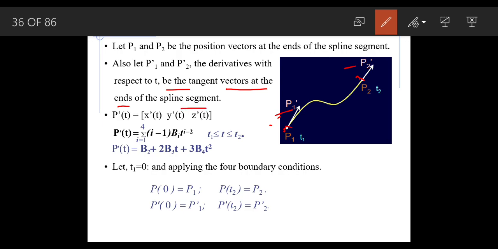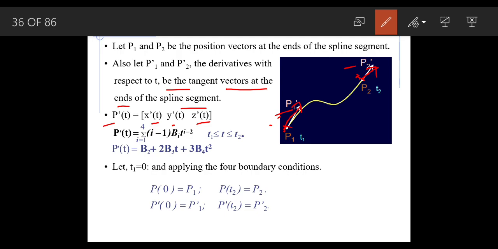This indicates the direction of the curve at the starting point and at the end point. So P dash t, the first order derivative of P, is x dash t for the x coordinate, y dash t for y, and z dash t for z.